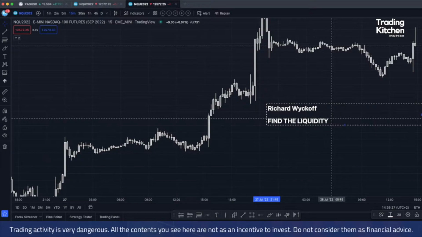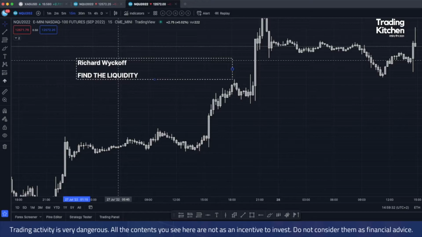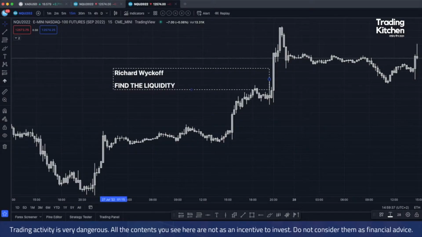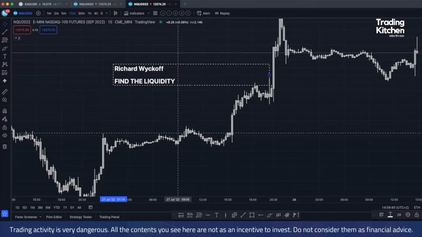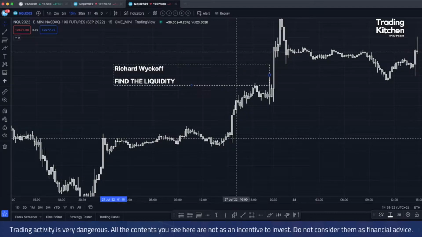How to understand where liquidity is? It is pretty simple to understand. I know that what I tell you now is too easy, I mean, superficial, but it's not far from true.